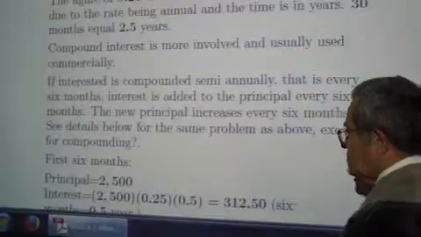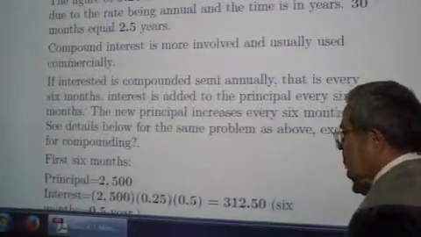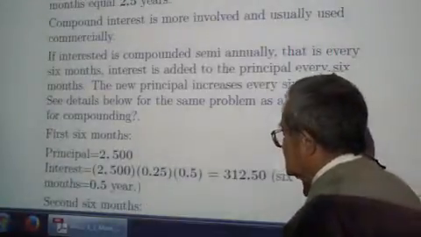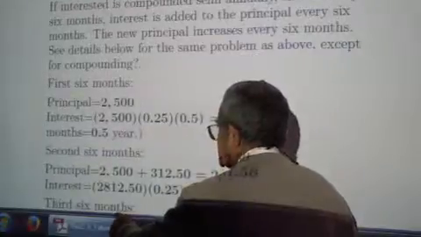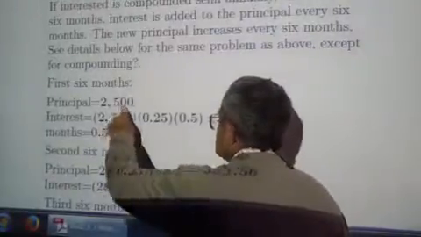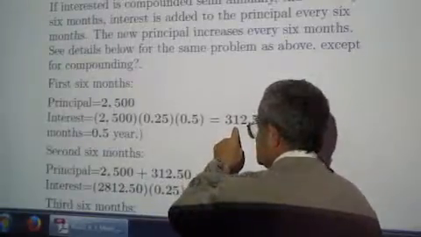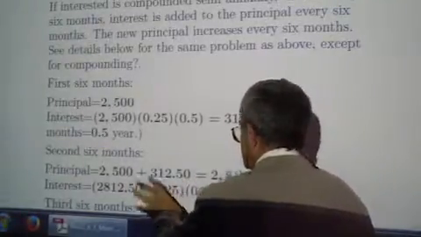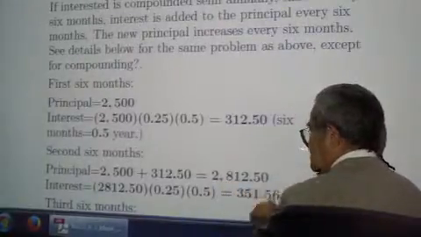So if you only borrow this for 6 months, that's the interest. But now, for the second 6 months, your principal is no longer $2,500, but $2,500 plus the interest $312.50. So your principal for the second period is $2,812.50.